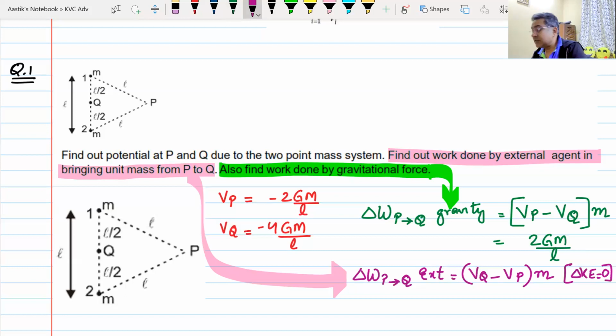So whenever this question comes, this is how you have to solve it. The work done by the external agent would now become minus 2 times Gm by L. Remember this because this same thing is going to come in the chapter on gravitation, my dear friends.